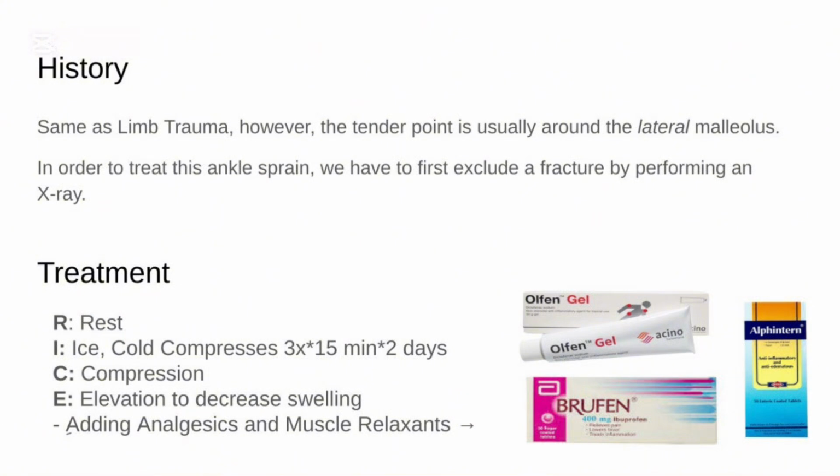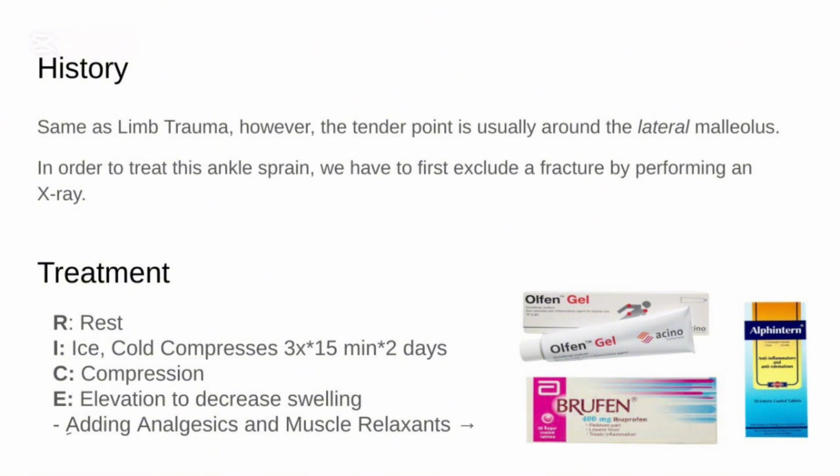The treatment of ankle sprain, we have two types. We've got RICE, adding on analgesics and muscle relaxants. RICE is an acronym that stands for rest, ice, compression, and elevation. The patient has to rest his lower limb in order to achieve full recovery.